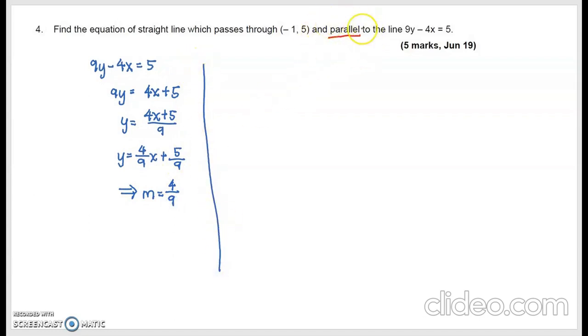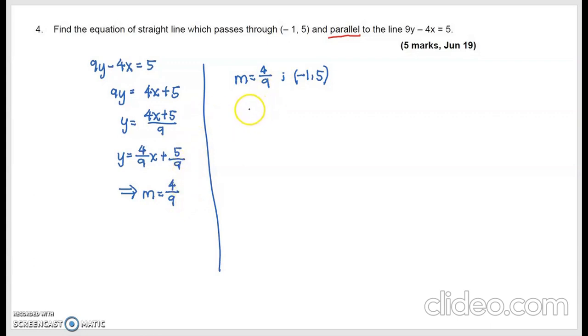Since they are parallel, we can straightforward use this gradient. So we already have the gradient, m equals 4 over 9, and the point is (-1, 5). So again, if they are parallel, we can straightforward use the gradient. If they are perpendicular, we have to use m1 times m2 equals negative 1.